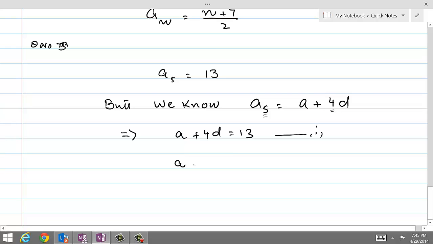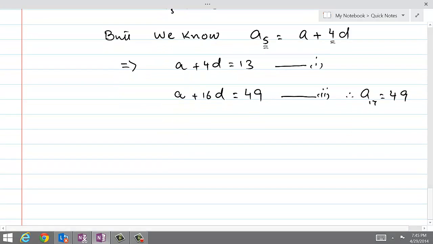Here, A plus 16D is equal to 49. So that is equation number 2. This is so because A17 is given that it is equal to 49. So let us solve equations 1 and 2.